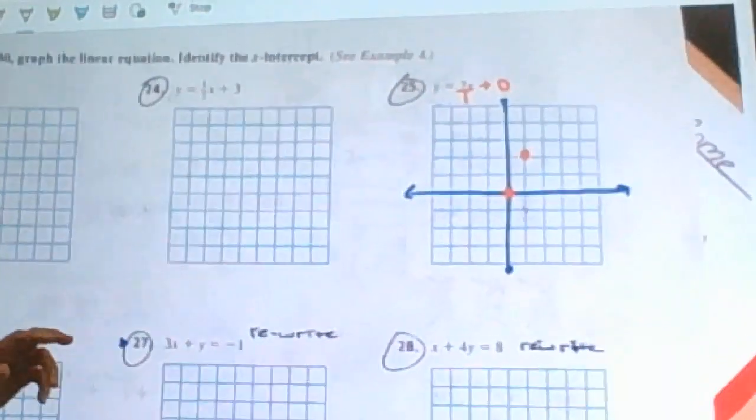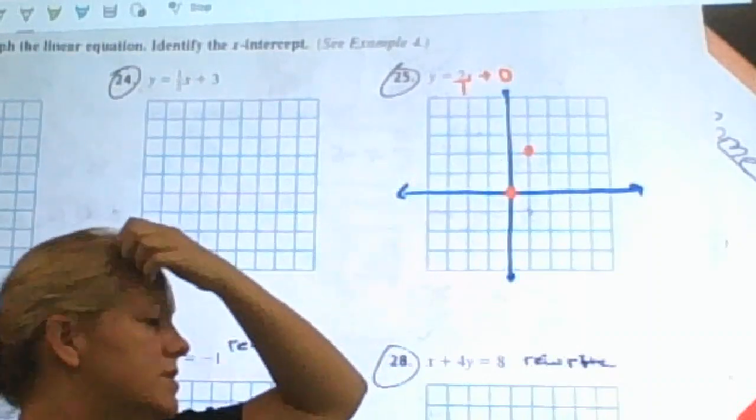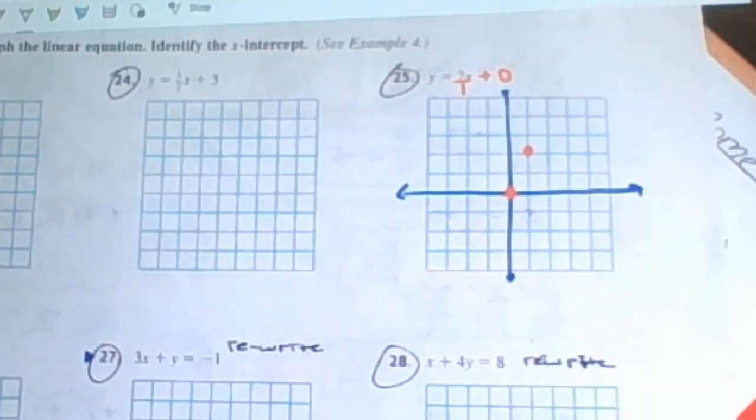So the B value in number 25 is 0. You're going to keep that to help you with this. So I'm going to start at 0 and I'm going to go up to over 1. Remember, if it's not a fraction, there's a 1 underneath it. So maybe you want to write 2 over 1 and put plus 0. And so you're going up 2 over 1.